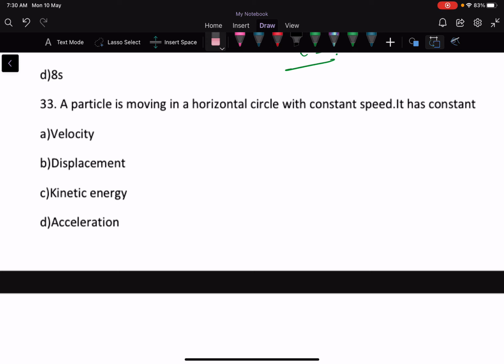Next, a particle is moving in a horizontal circle with constant speed. Does it have constant velocity? No, because velocity direction is always changing.